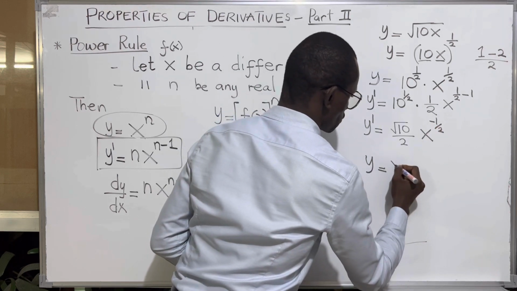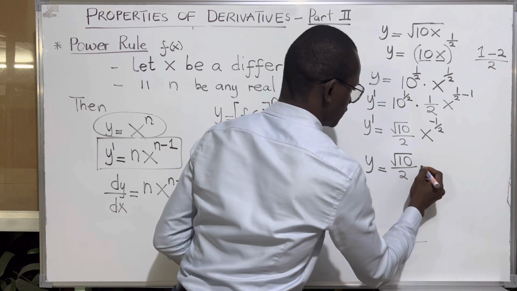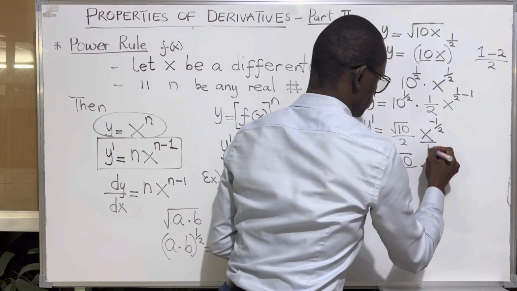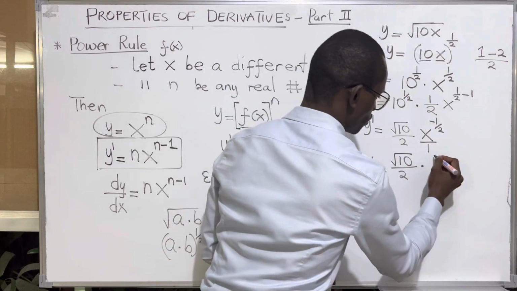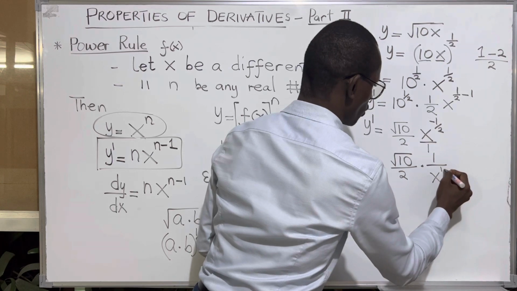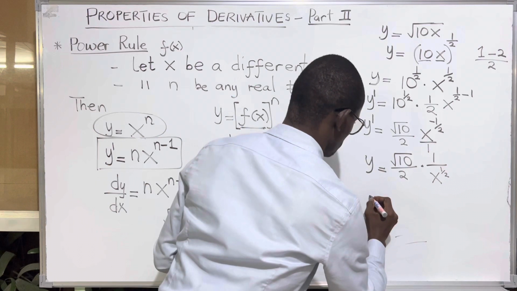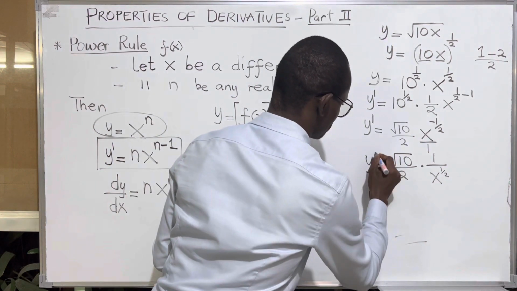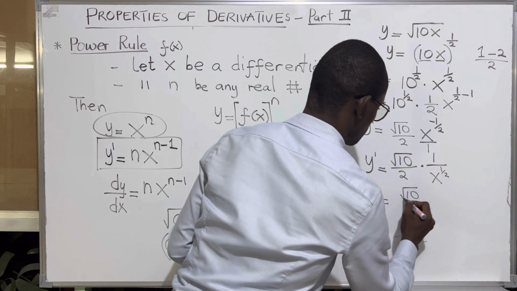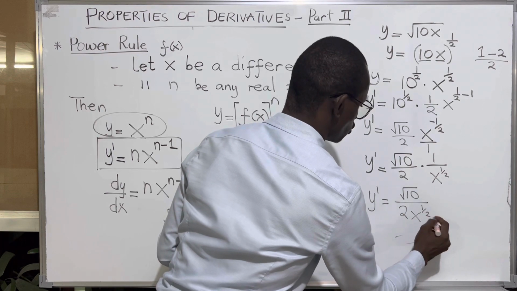So you can say the square root of 10 divided by 2 times, we can turn this around because this is divided by 1. We send 1 on top, and bring this x to the power 1 over 2 down. So y prime equals the square root of 10 divided by 2x raised to the power 1 over 2.